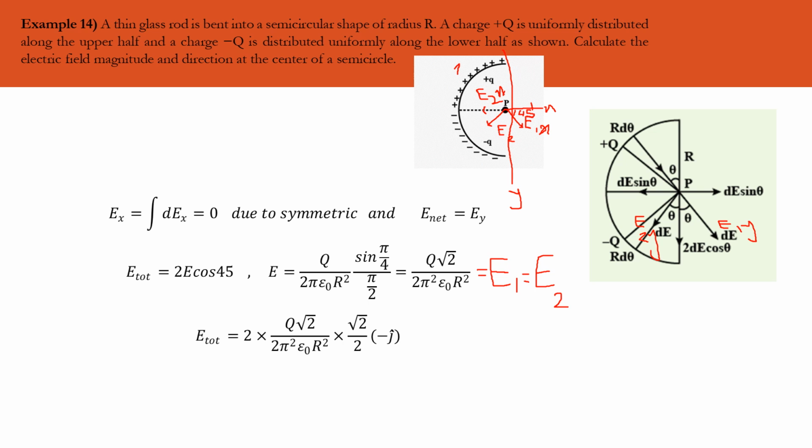The coefficient 2 appears here because E total equals 2 E1y, meaning 2 times E times cosine 45. Finally, we get this answer, everybody. Don't forget about the direction. This will be the last answer, E cosine theta, and it will be minus j hat.